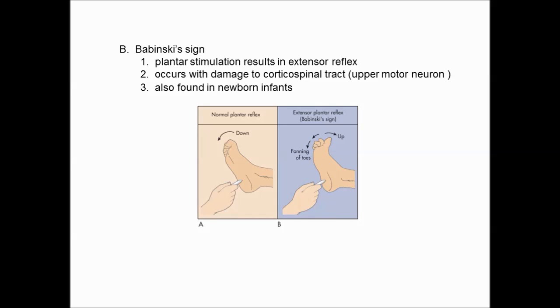It's called Babinski's sign. But if you damage the upper motor neuron, you'll get the same response. So whatever is causing that to occur, this Babinski's sign occurs with corticospinal damage, and we don't know exactly why, but it's one way to find out if that tract has been damaged.